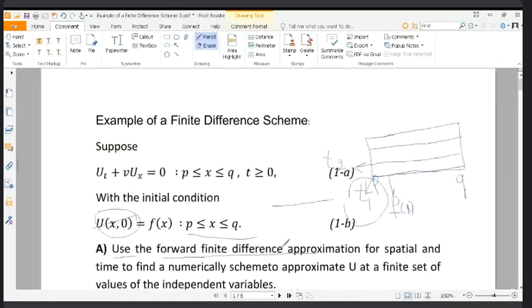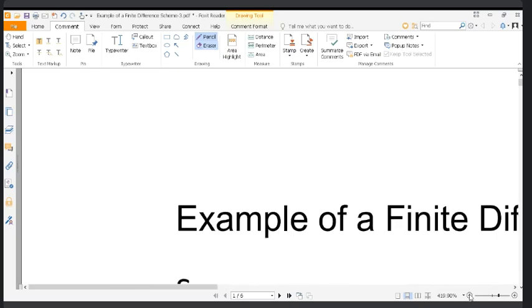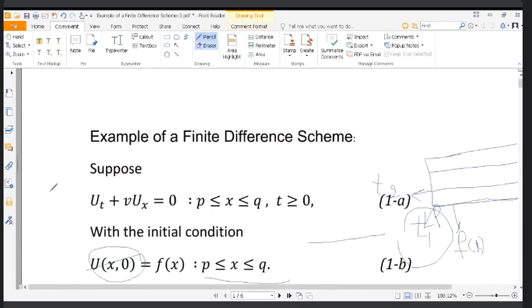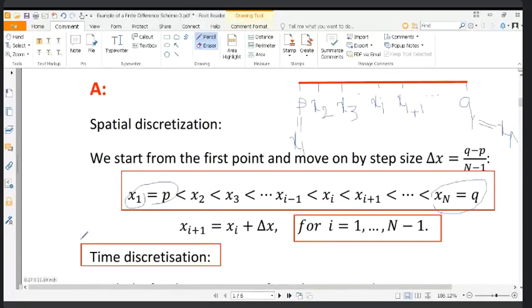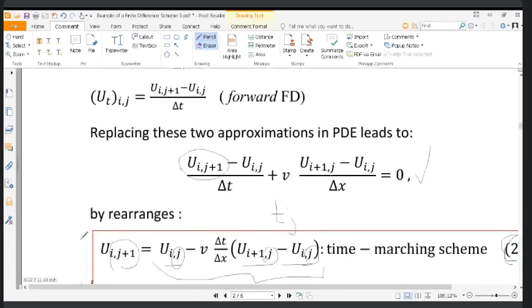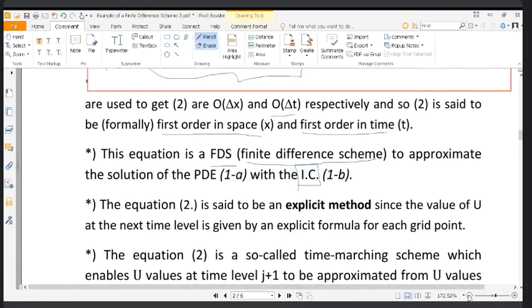Please see this equation. On the first page, we have ut plus vux is 1a, and the initial condition u of x and 0 equal f of x is 1b. This is our PDE, okay? And equation 2 is an approximate scheme for this PDE with the initial condition 1b.